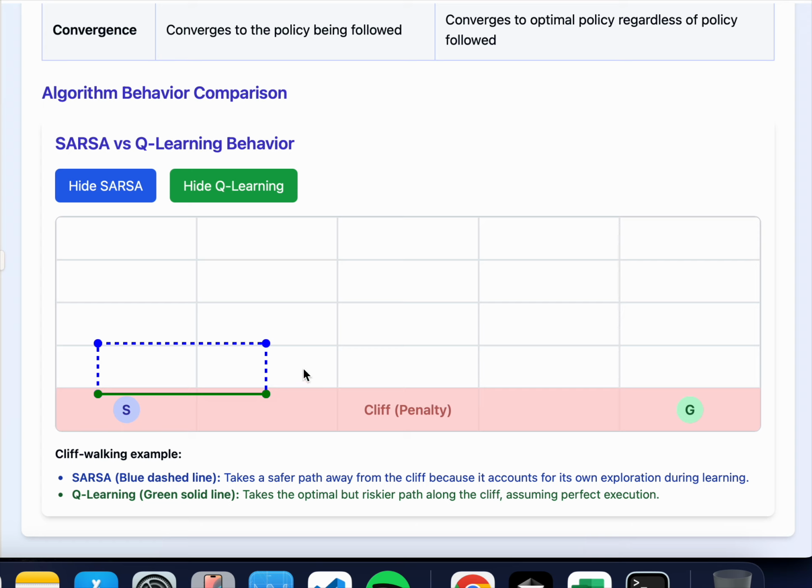Meanwhile, the green solid line is Q-learning. It hugs the edge of the cliff. That path is shorter and under the assumption that we act optimally every time, it's better, but it's also riskier. If we ever make a random move, we could fall off the cliff and get a big penalty.